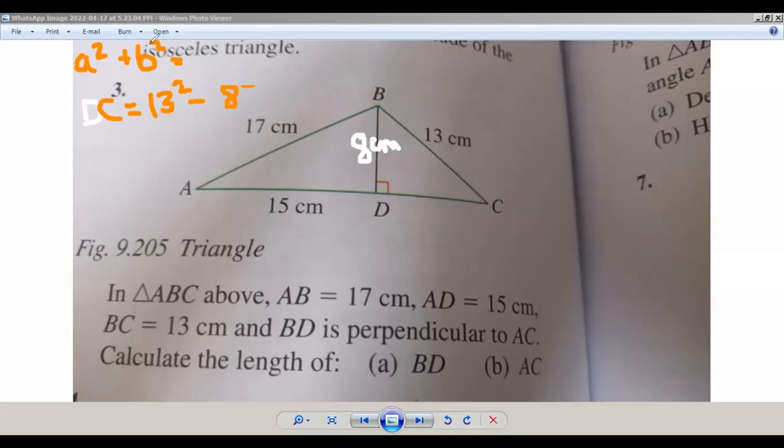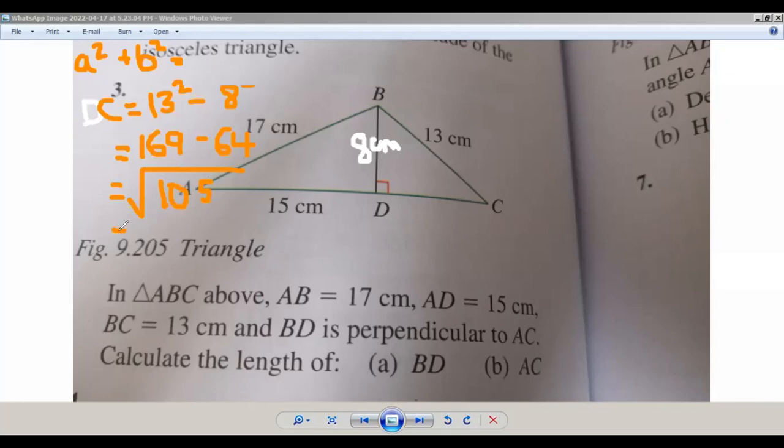And then you subtract on the left and on the right, and you end up with this. And what is 13 squared? 169. And 8 squared is? 64. What's the difference of those two values? 105.